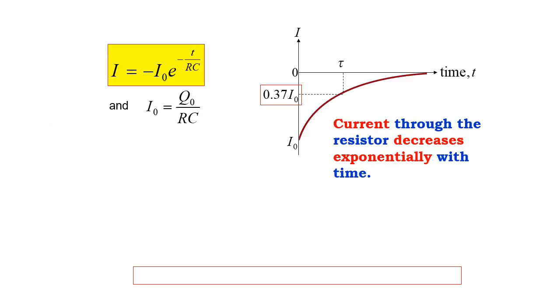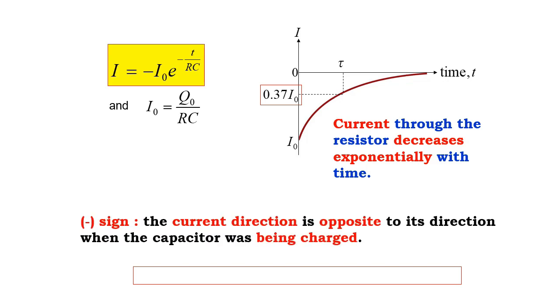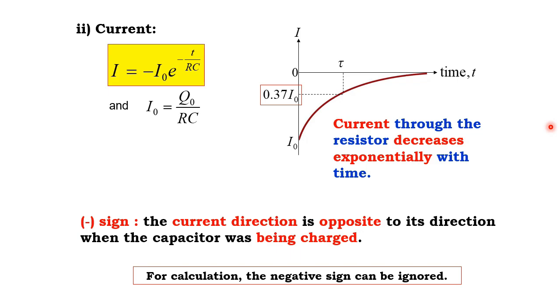This is the discharging graph for current against time, where the current through the resistor decreases exponentially with time. The formula for discharging current is I equals negative I naught e to the negative T over RC, where I naught is also equal to Q naught over RC.